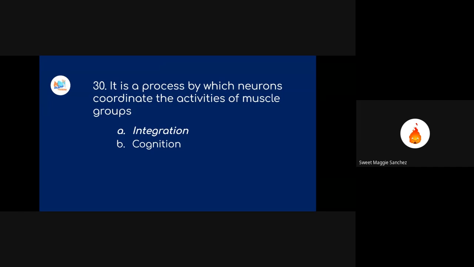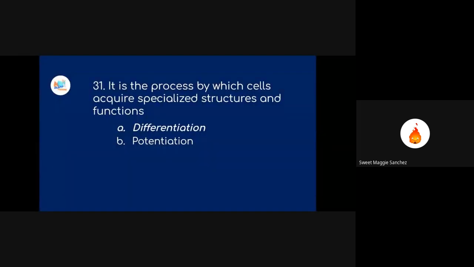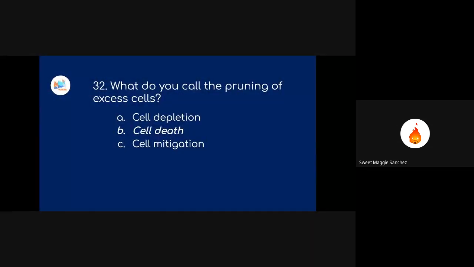Okay? And number 31, it is the process by which cells acquire specialized structures and functions. So, from the word itself, differentiation, you differentiate, ano-ano yung mga different functions, different structures, yan yung keyword nito.